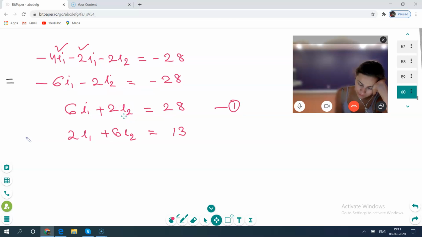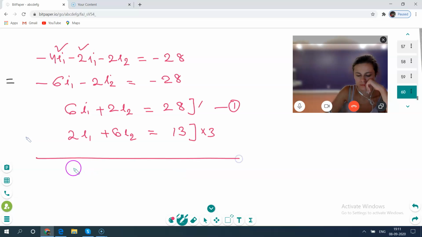Okay. Now can we multiply equation number 2 by 3? Okay, we will multiply equation number 2 by 3 and subtract it.